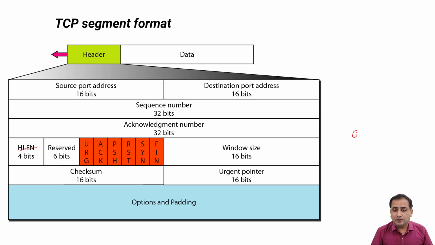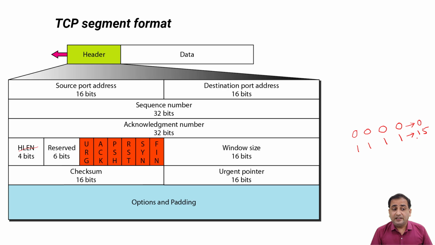When I set all these 4 bits to 0, what decimal value will I get? I will get the decimal value 0. And when I set all these 4 bits to 1, what decimal value will I get? I will get the decimal value 15.